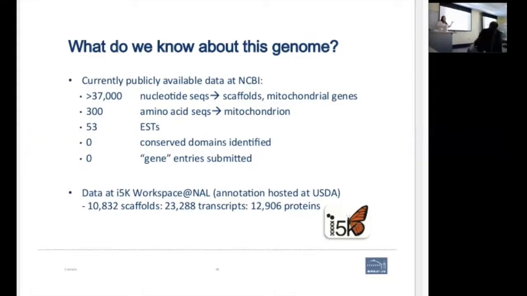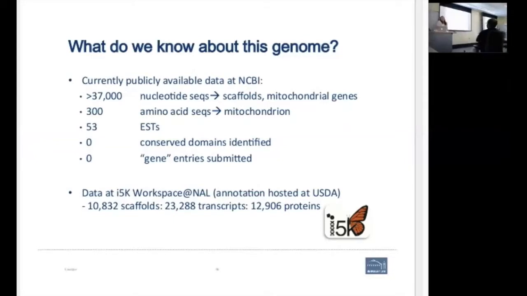It's basically the system that we have developed at the National Agricultural Library of the United States Department of Agriculture, where we host all the orphan genomes from the arthropod genomics efforts that don't have a house anywhere. In there we have about 10,000 samples, with 13,000 proteins or so and 23,000 transcripts for those species.